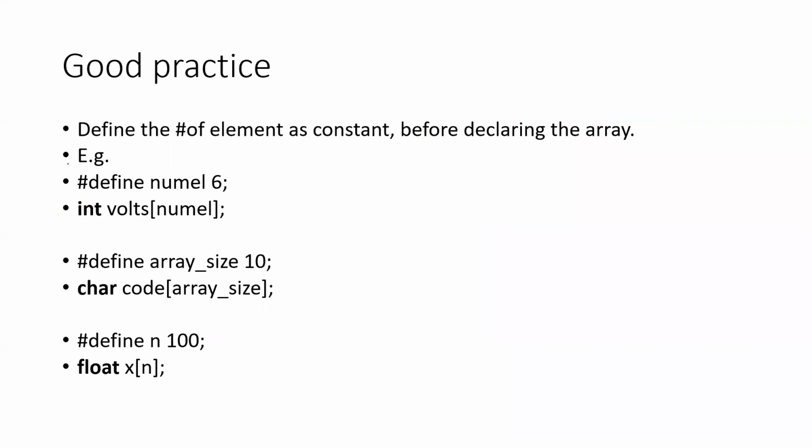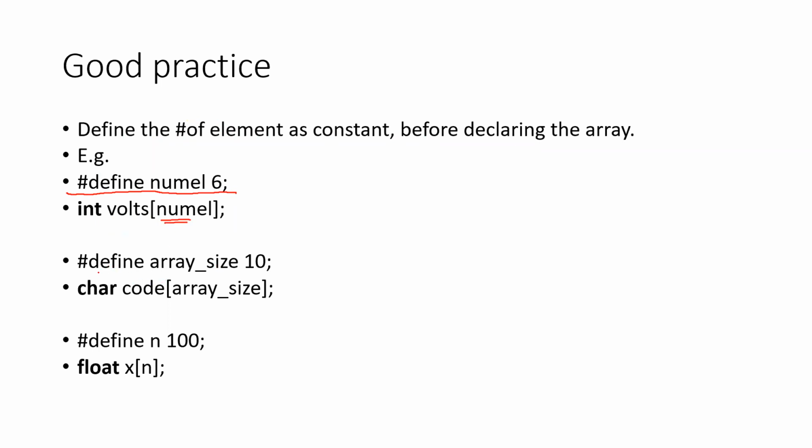Okay, so this is just a good practice. You can use something like this. You define the number of element as a constant before declaring the array. Apa maksudnya? Contoh, for example, I can define the number of element, so this is abbreviated into numeral 6, and then I use integer, and then just use the definition.